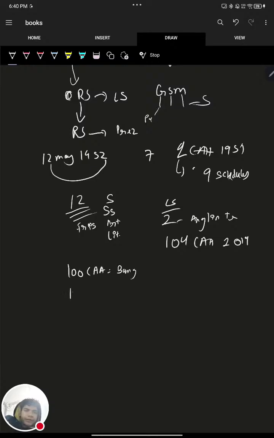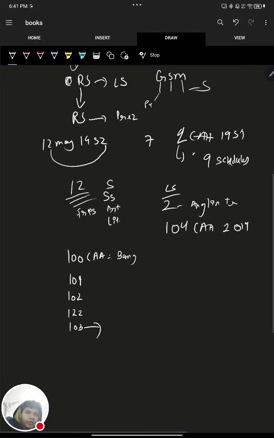Then 101, 102, then 122, then 103. 103 is about backward classes, EWS, economically weaker sections.